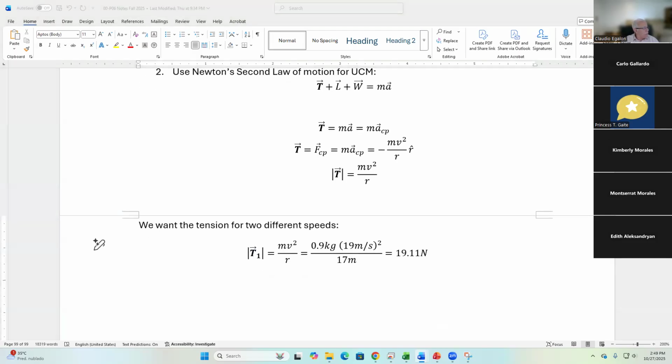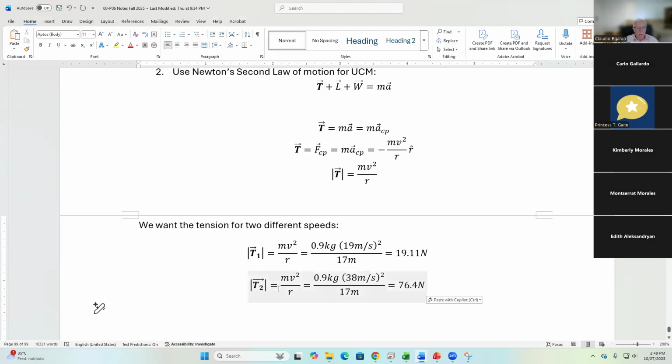And then the second one is faster, right? 38 meters per second is twice the other speed. Let's see what happens to the force. If the speed is twice, what's going to be the force? You have to think about that.